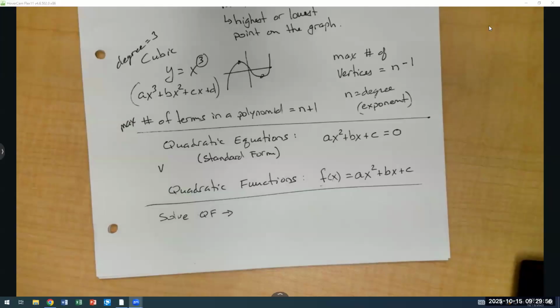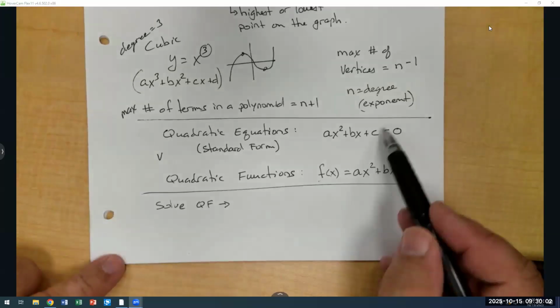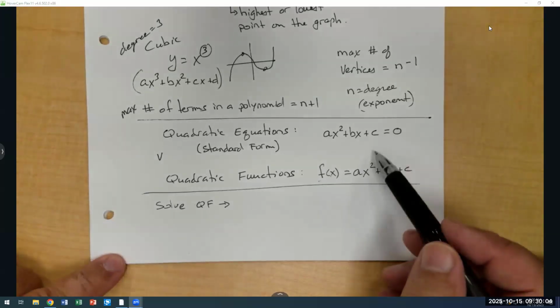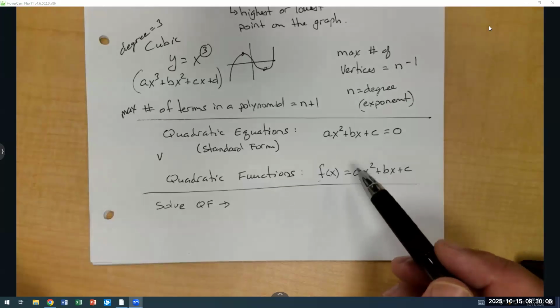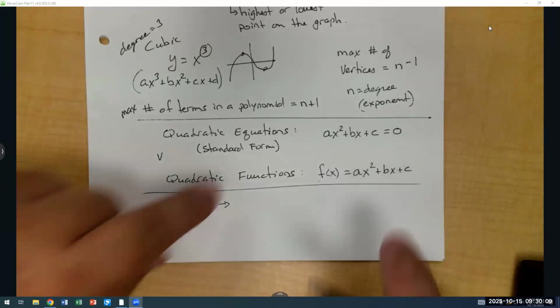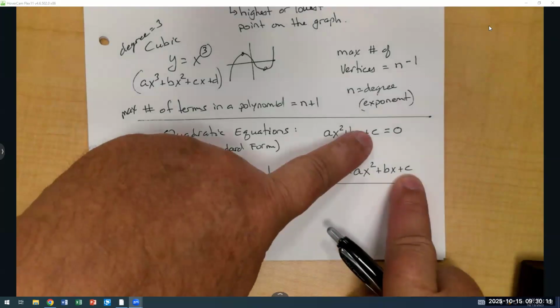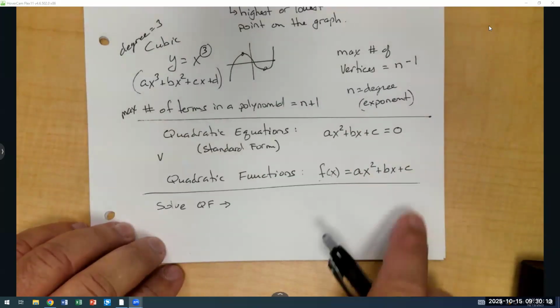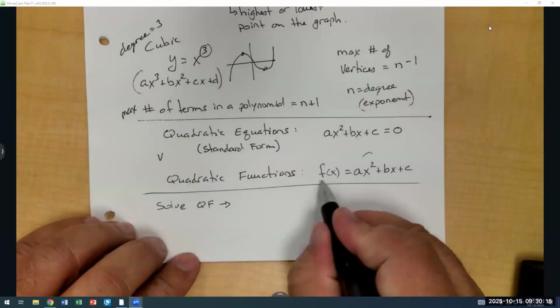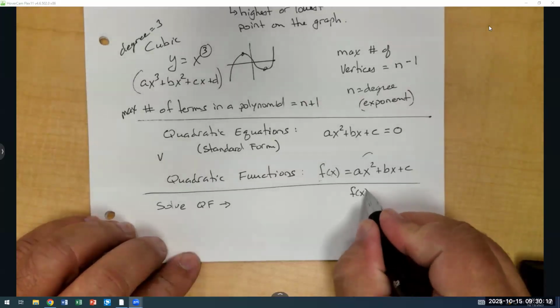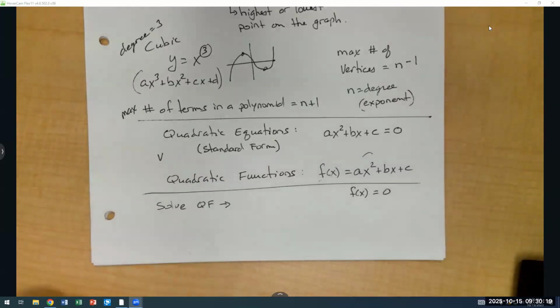Well, yeah, we are going to find x, but what does the x represent? The answer will come from here. If you remember what we talked about in chapter 1. Are these the same? So what we have here is f of x is equal to 0.